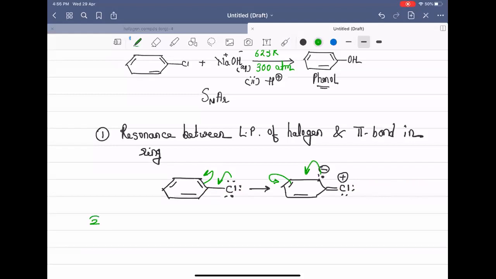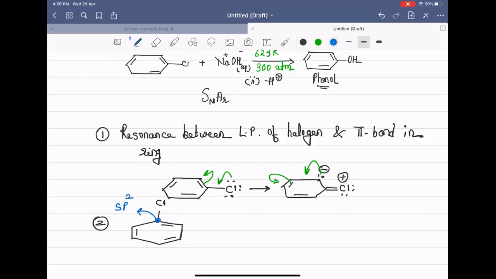The second reason that you can give is the hybridization. Compare the hybridization here. This is carbon with sp2.